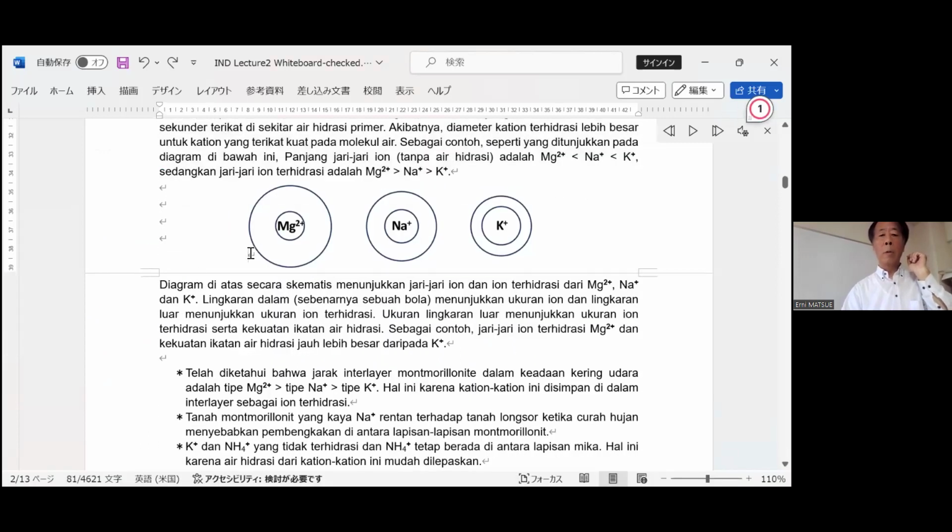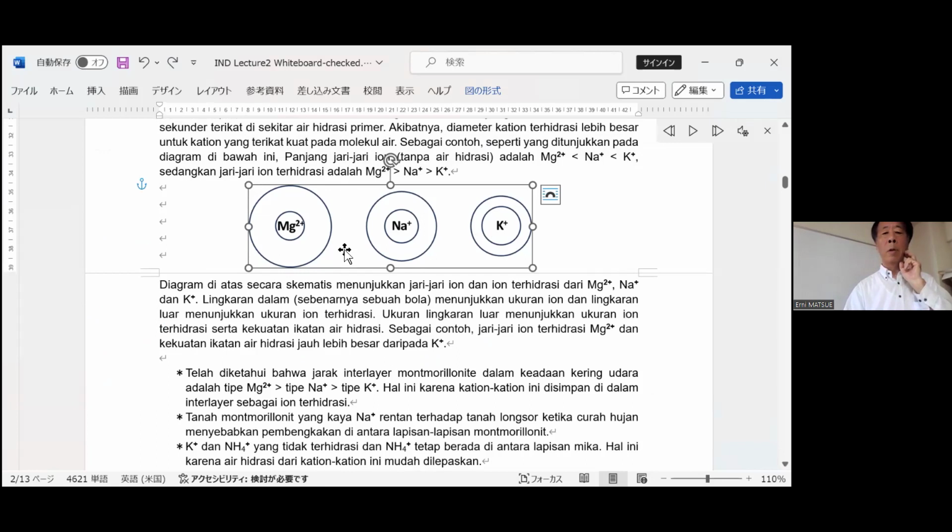Okay, this is the ionic radius, but the hydration radius is greater for magnesium than sodium and potassium. The magnesium ion attracts water molecules very strongly, and many water molecules are bound to magnesium. Then it becomes a very large hydrated cation.